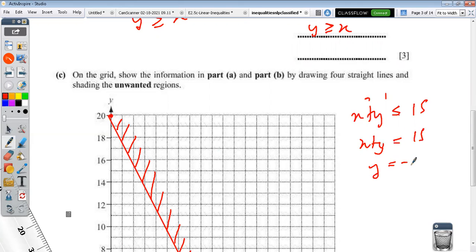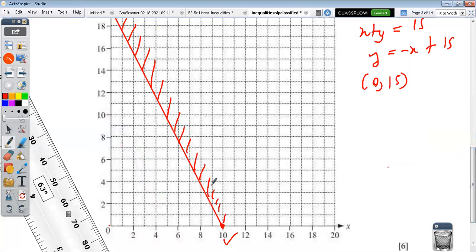Y is equal to minus x plus 15. I have to start with the x value first because I want it to be y is equal to mx plus c. Now straight away there, everyone, when x is equal to 0, what is y? 15. It cuts at 15. So 0, 15.